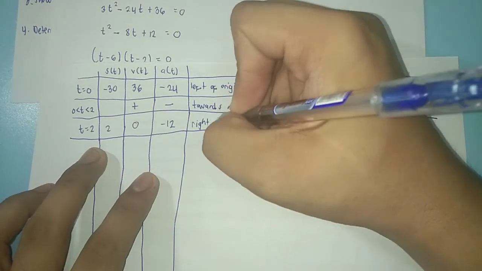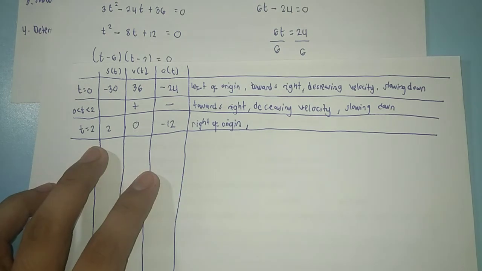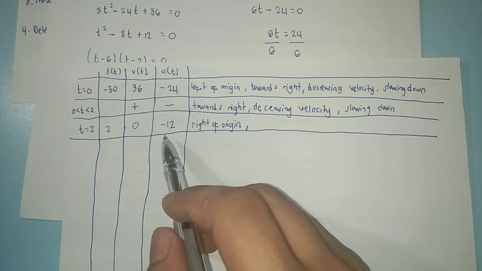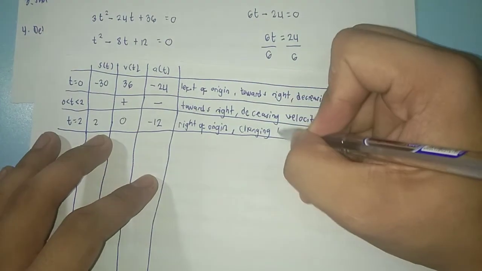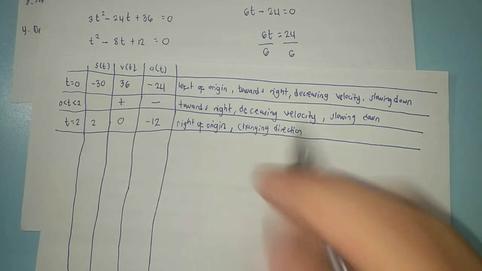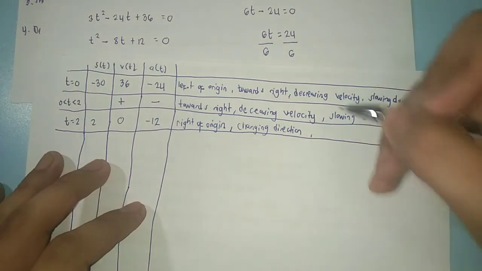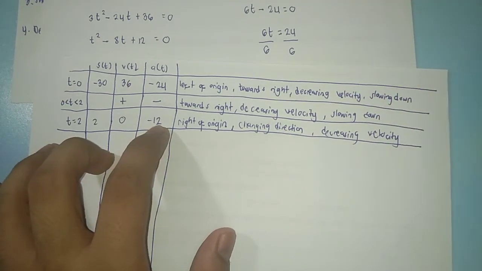So, right of origin. Then, the velocity is 0, but the acceleration is negative. So, meaning, its direction is changing. Changing direction. Right, there are two possibilities when the velocity is zero: either it stops moving and stays, or it changes direction. But when the acceleration is positive or negative, the particle changes direction. When the acceleration is zero, it just stays. So, changing direction, and decreasing velocity, because our acceleration is negative.